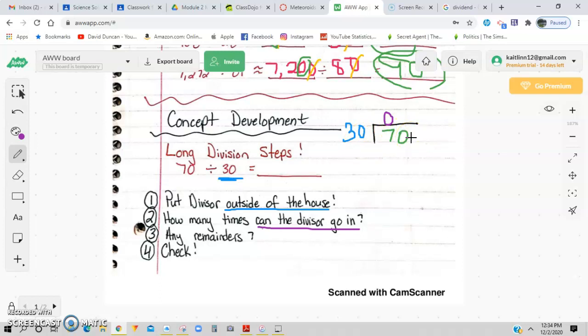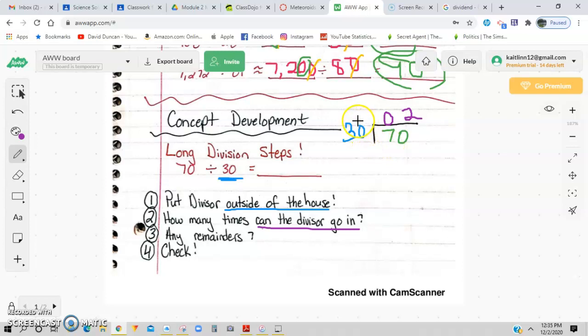Well, I know if you count by 30s, you have 30, 60, 90, 120. Well, it can, but just not evenly. 30 can go into 70 at least 2 times without going over. I cannot have my divisor get larger than my dividend. I can get really, really close, but I can't have it go over.